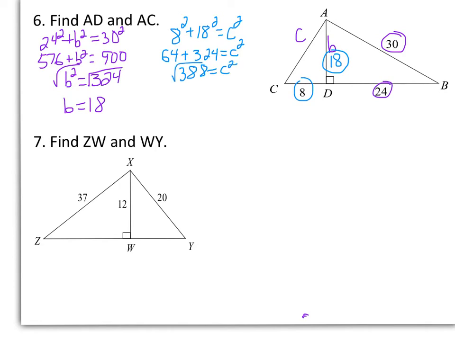Then take the square root. So square root of 388 is C. And if I want to simplify that into radical form, this would be 4 times 97, or 2 square root 97 is C.